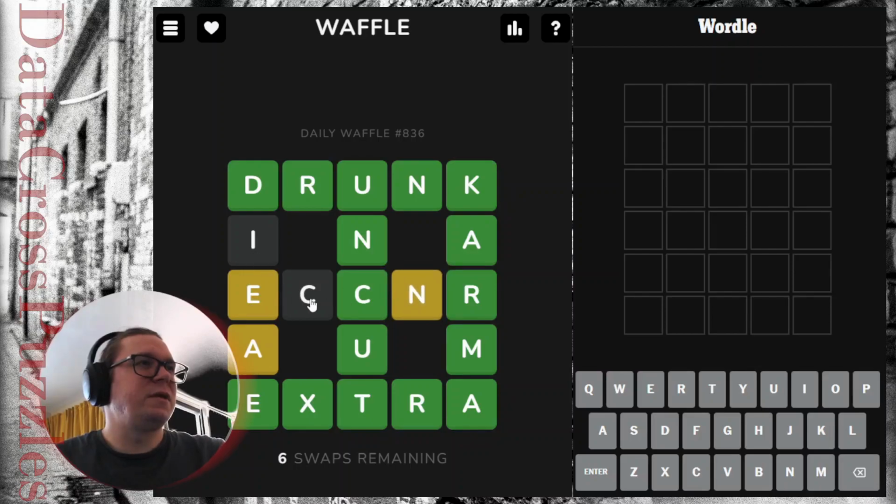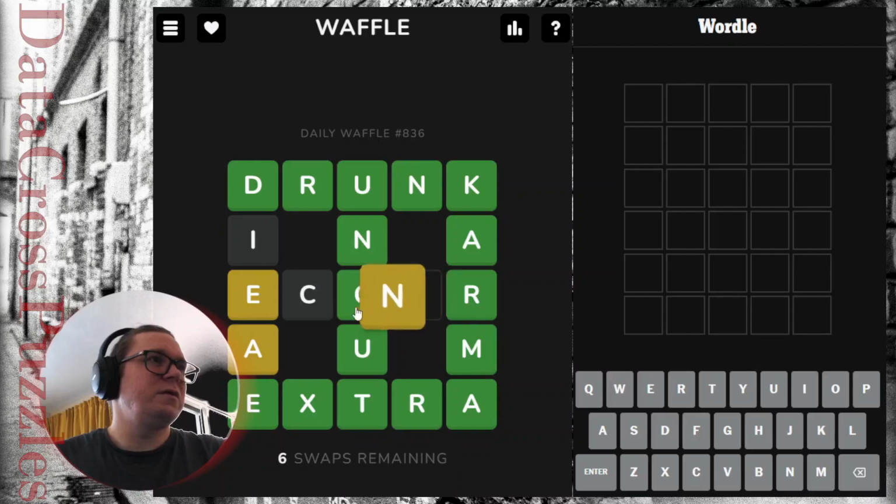And this has to be... What is this? It doesn't start with N. The N has to be in the second position. And then an I. Because the I can't be in this word, it has to be in this word. Right? This is an odd one.